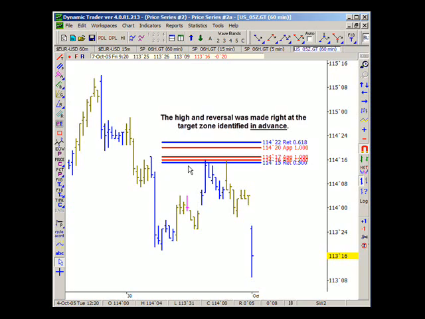Now, how valuable do you think that is, whether you're a day trader, swing trader, or position trader? And once again, I want to emphasize that we identified the high probability retracement in advance. So we would be using our other tools, such as our momentum oscillators and pattern analysis, once the market hit that retracement level.